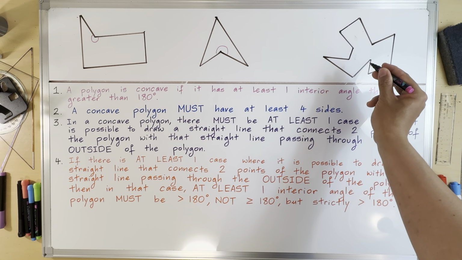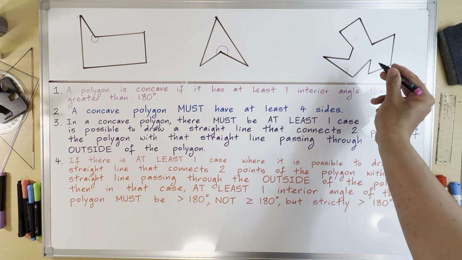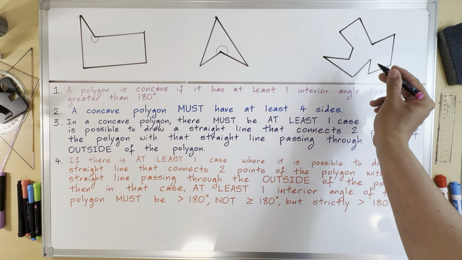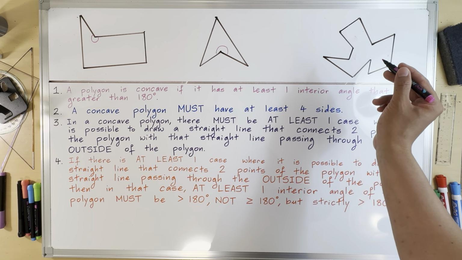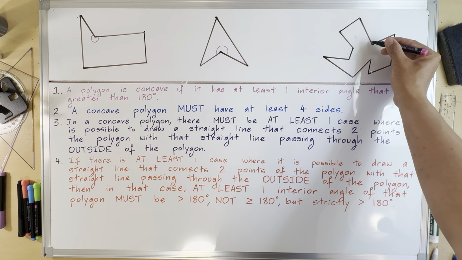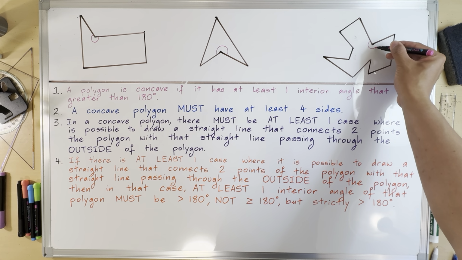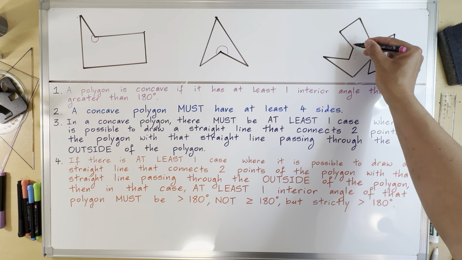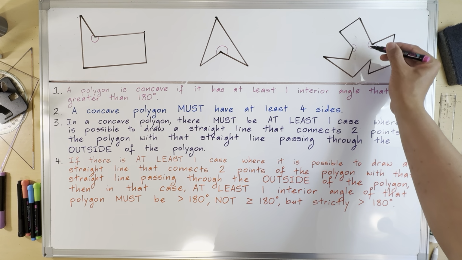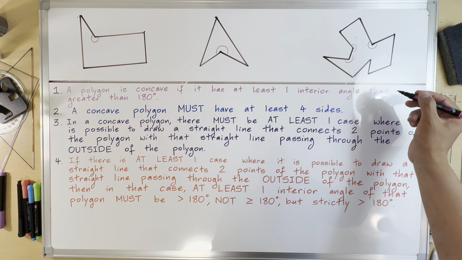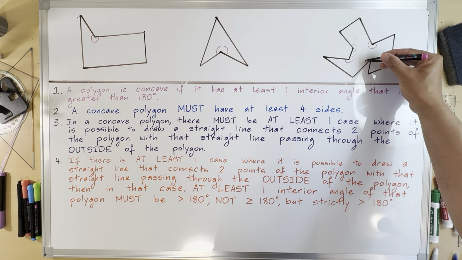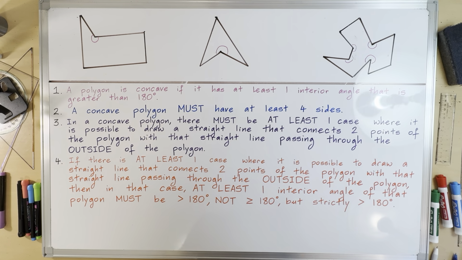Now this one that's to the right side of the whiteboard, it has more than one interior angle that is greater than 180 degrees. It has one right here. It has a second one right here. It has a third one right here. And it has a fourth one right over here.